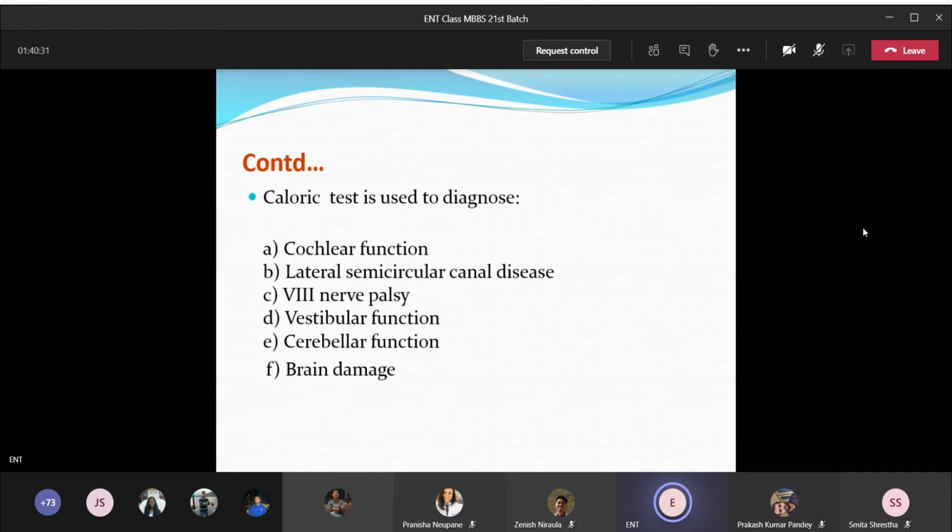Caloric test is used to diagnose cochlear function, lateral semicircular canal disease, eighth nerve palsy, vestibular function, cerebellar function, and brain damage. So there are other variants of caloric test as well. For example, if the patient has got tympanic membrane perforation, we cannot use water. So we use cold air test.